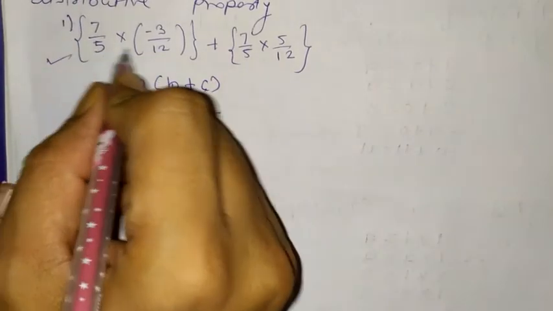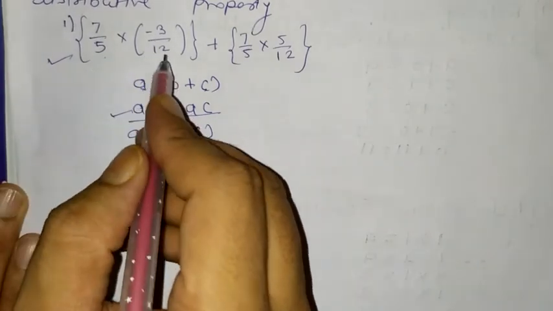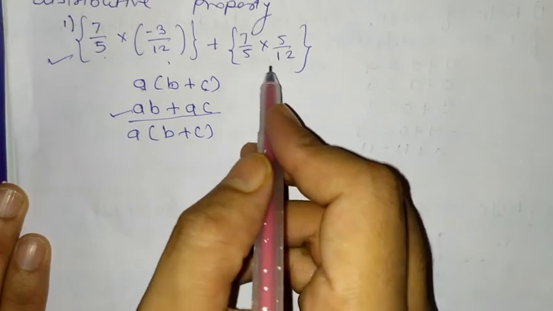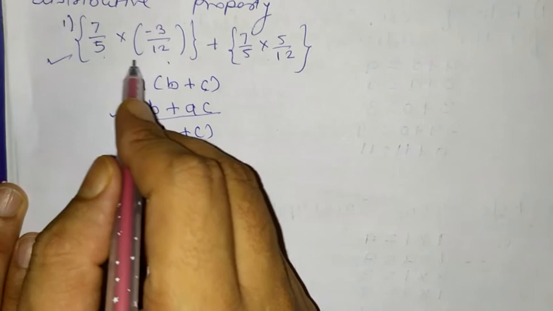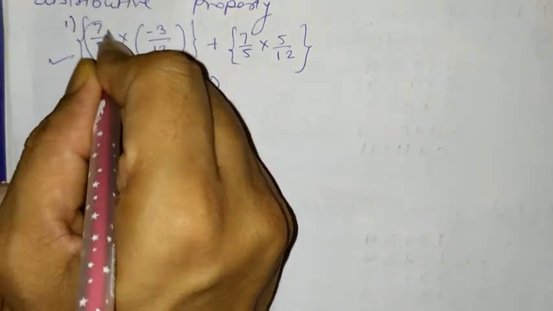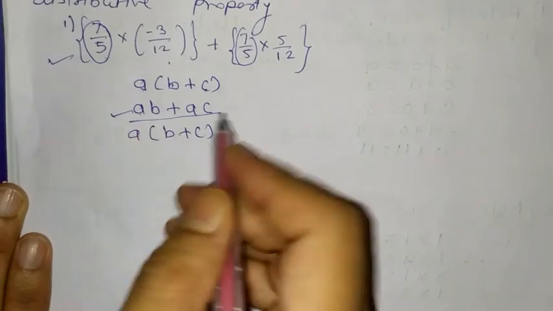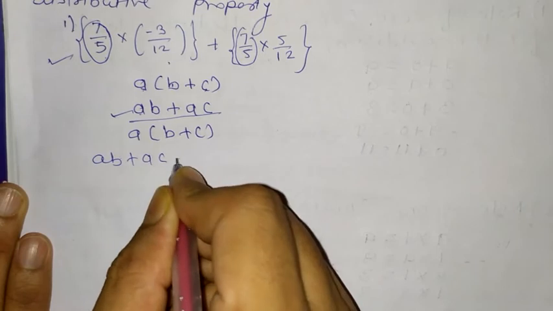See this example: 7 by 5 into minus 3 by 12 plus 7 by 5 into 5 by 12. Which particular number is common? Here 7 by 5 is there, and here 7 by 5 is there. So it is nothing but like ab plus ac. Then what do we do?